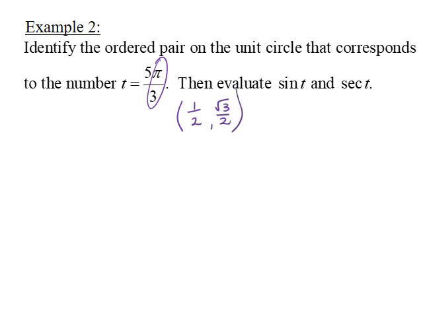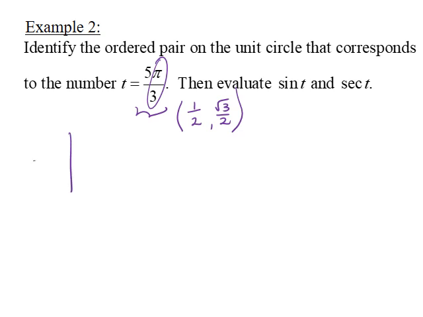The way I know that is the x coordinate is 1 plus 2, which is 3, and the denominator here is 3. So I know that it's going to be some form of this ordered pair. I just have to decide which quadrant 5 pi over 3 falls in and what that does to the sign.